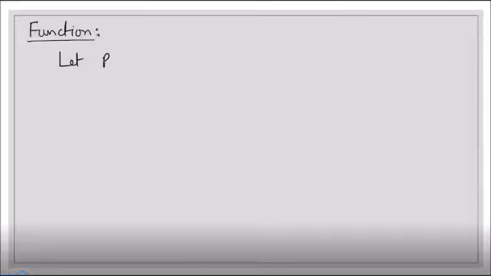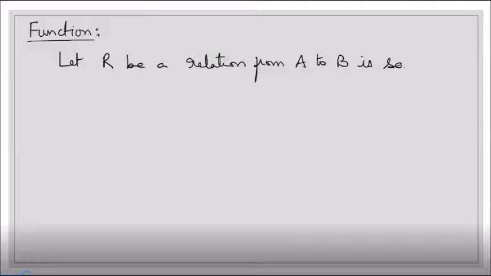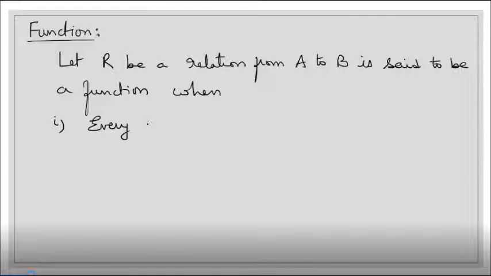Let R be a relation from A to B. It is said to be a function when every element of set A is paired.